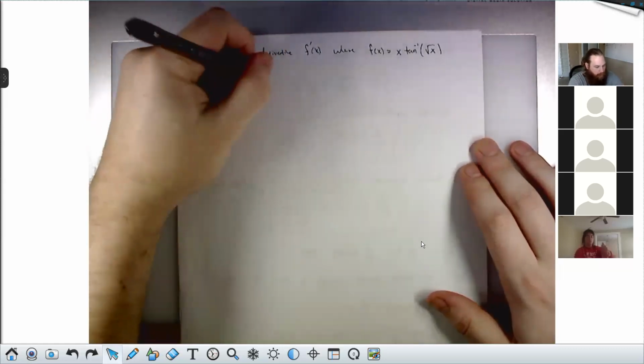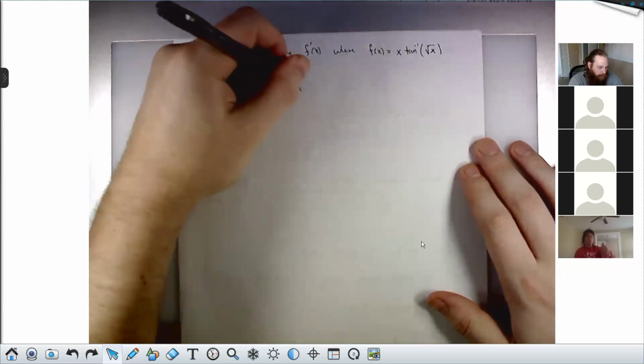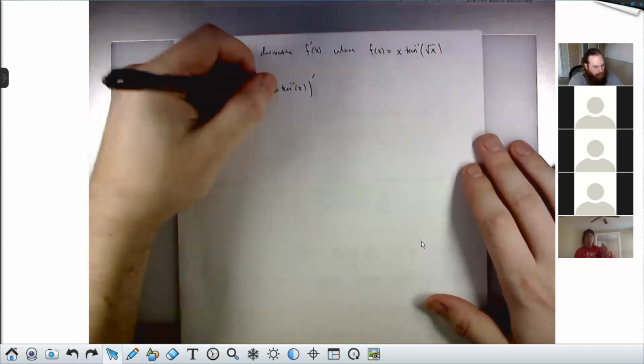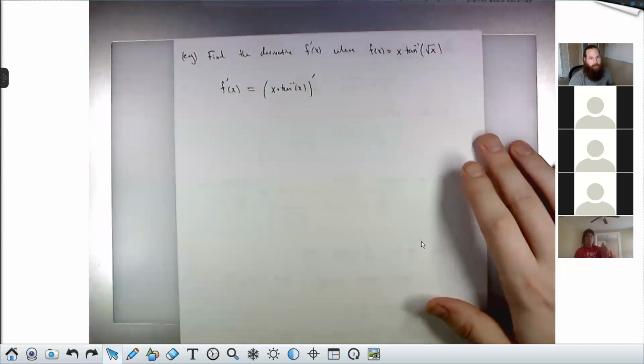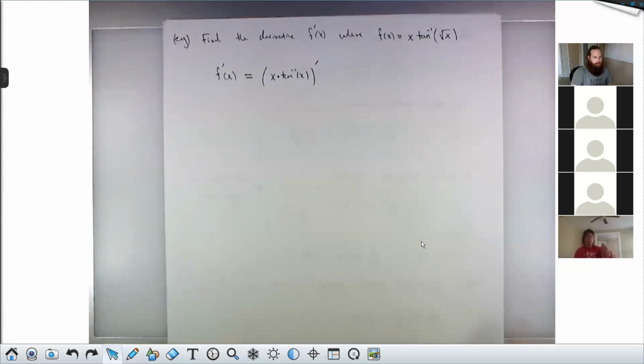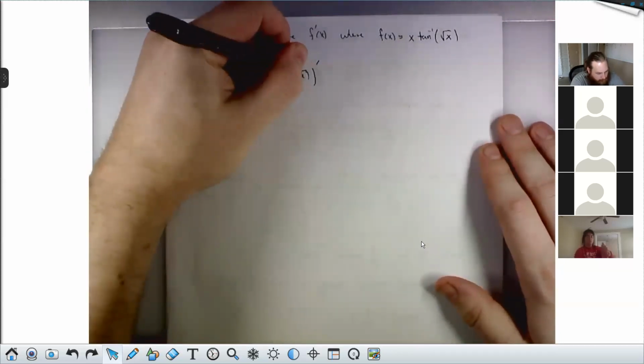First, I use my product rule. So my goal is to find the derivative of this whole thing. And I see that that thing is fundamentally a product. It's x times some other function. Oops, x times the inverse tangent of root x, sorry.